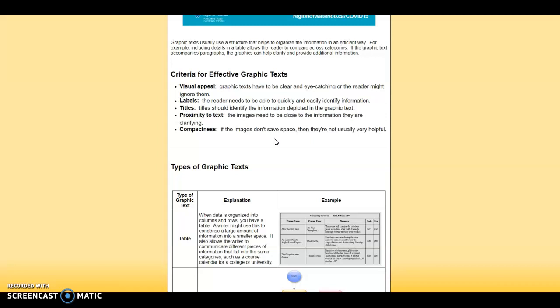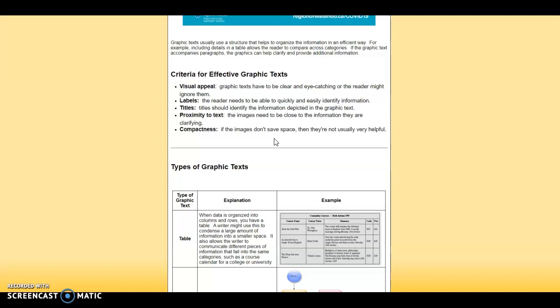You want to make sure that you have properly organized and designed your graphic text in an effective way so that the images are properly sized and they properly fit with the writing, that they don't take up too much space, that you don't have a lot of empty space that's doing nothing, right?